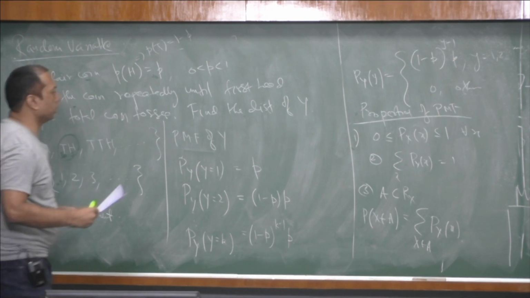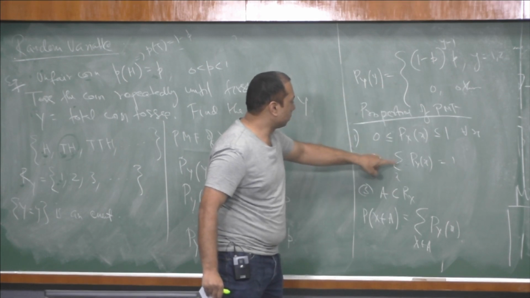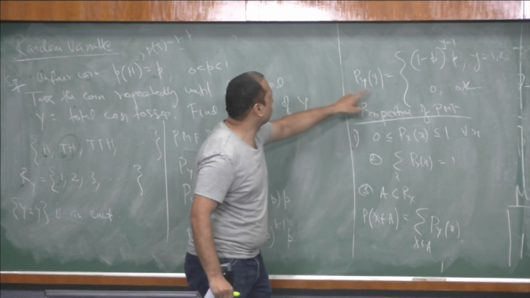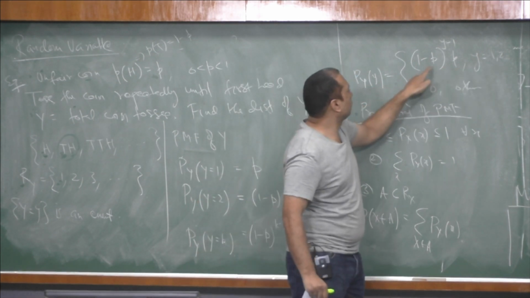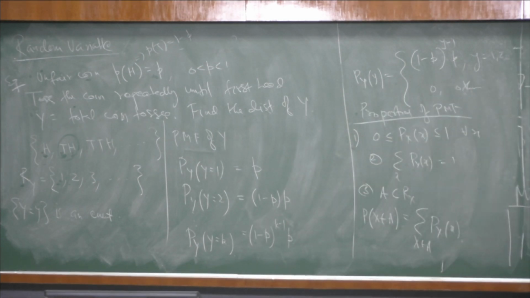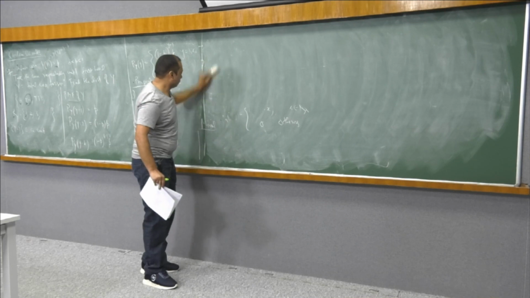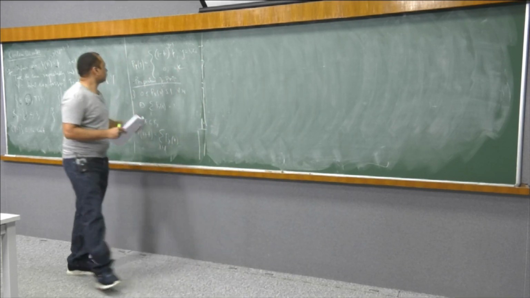One thing to note, these things can be verified for this example. The sum of the PMF values must be 1. So you have to check that the sum of the PMF values for all possible y must be 1, otherwise you have a wrong PMF. The PMF is also called a distribution, and a distribution must have the property that the sum over all possible values must be 1.